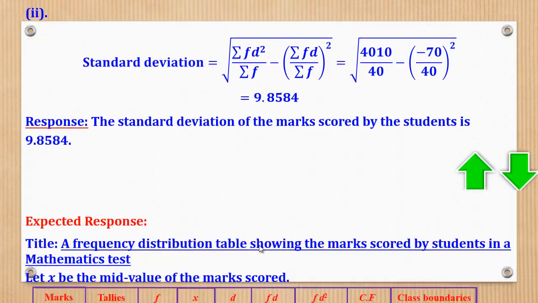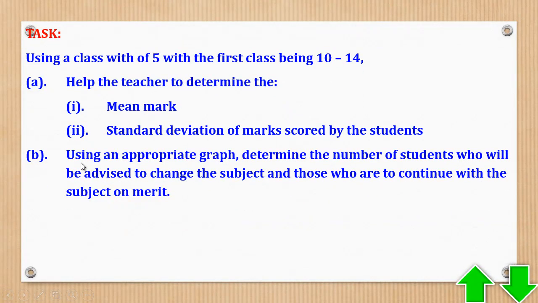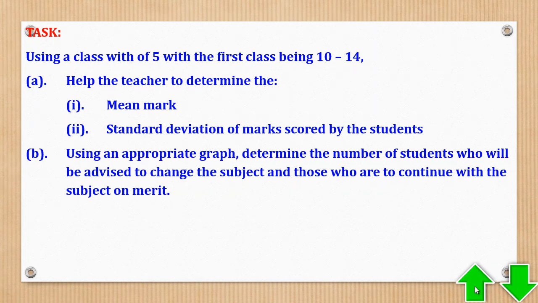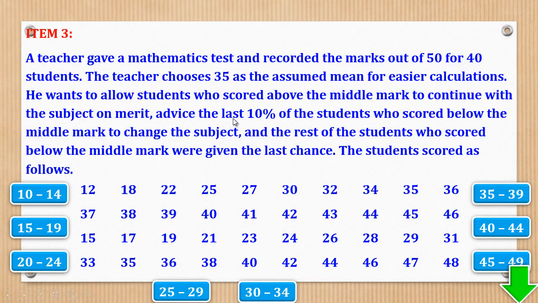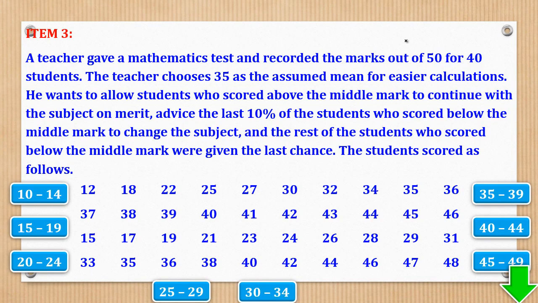So now we shall go to part B. Part B says, using an appropriate graph, determine the number of students who will be advised to change the subject, and those who are to continue with the subject on merit. Remember here they told us something, that the paper was marked out of 50.